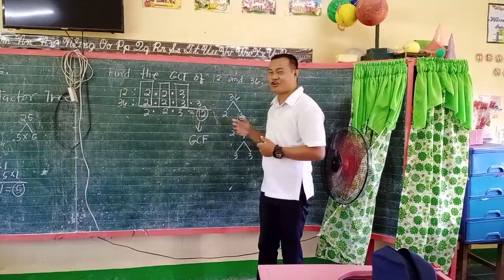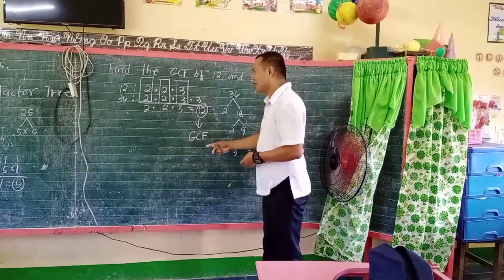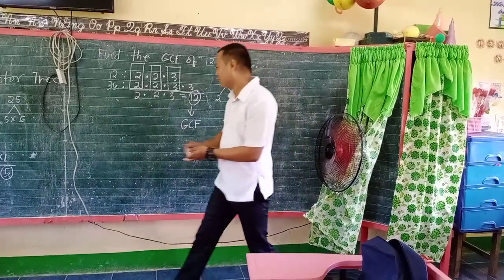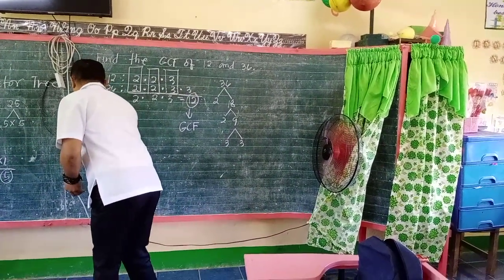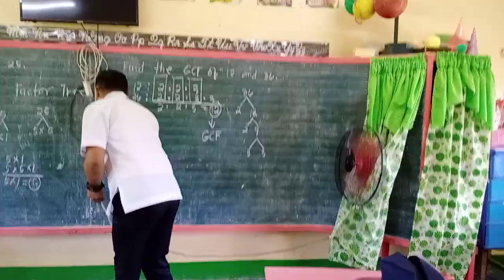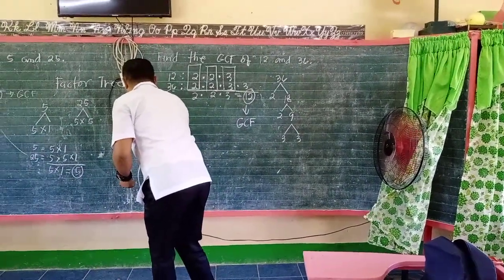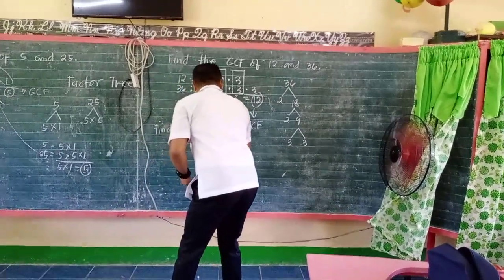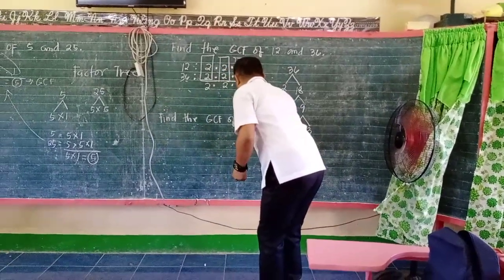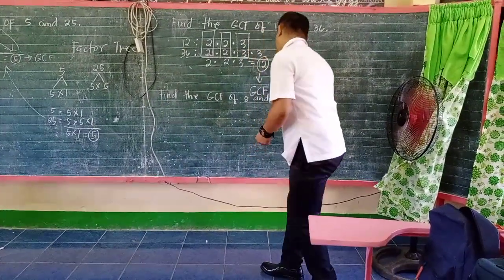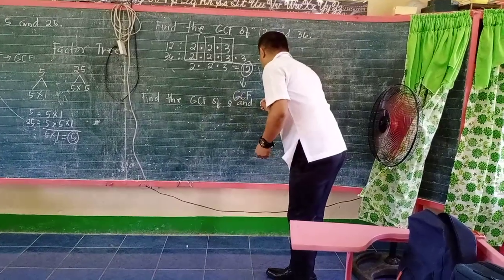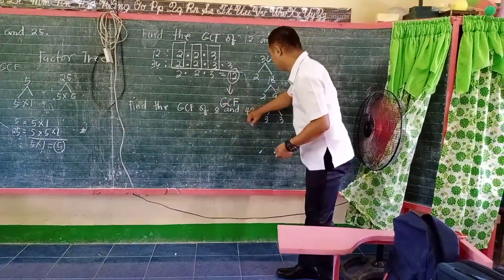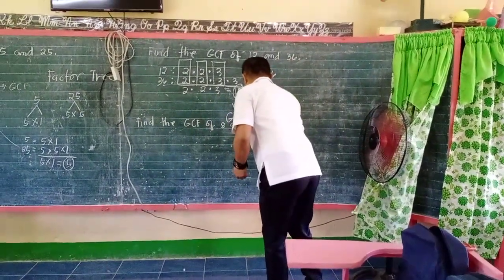Very good. Okay, so this time, I want you to find the GCF of the given numbers, 8 and 48.